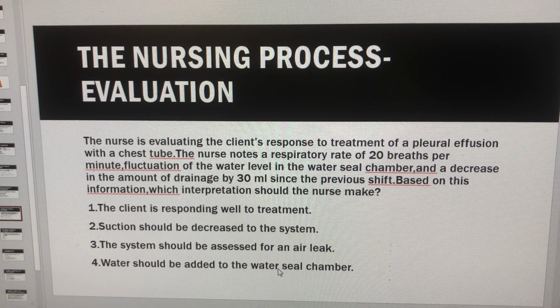Again, it is unclear as to whether the client has this type of chest tube versus a dry suction chest tube. Remember that evaluation is the 5th step of the nursing process. So the answer to this question is number 1. The client is responding well to treatment.